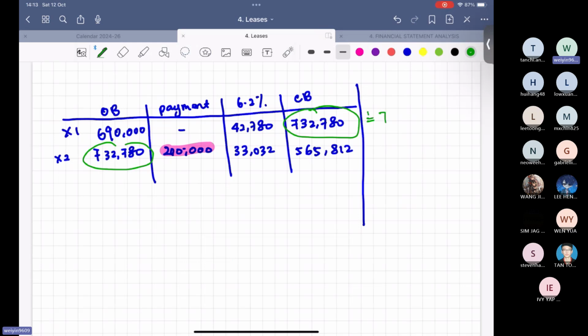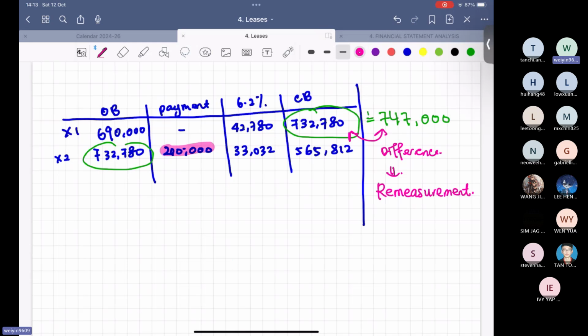It will change to 747,300. But what you have calculated is basically 732,780. So this difference, we will call remeasurement on the lease liability.